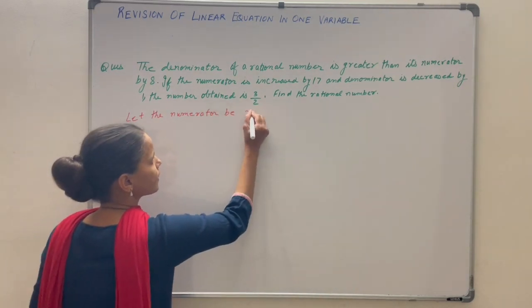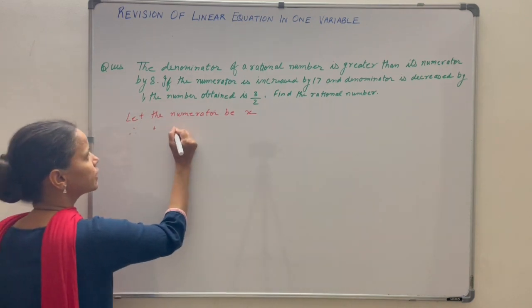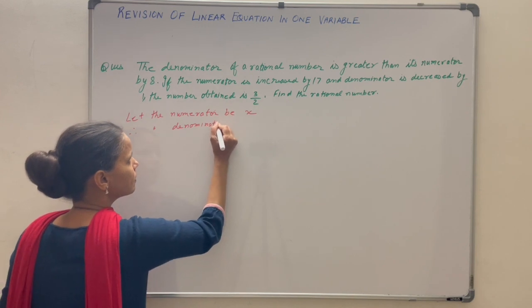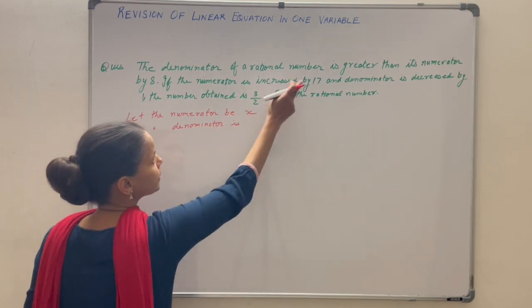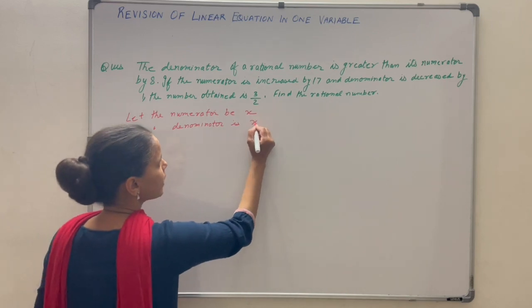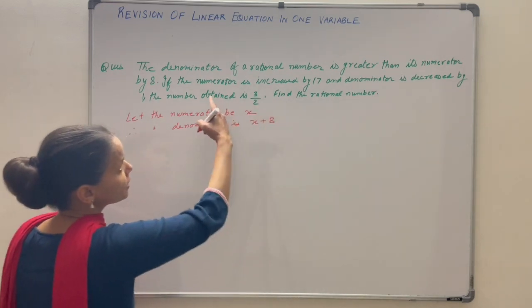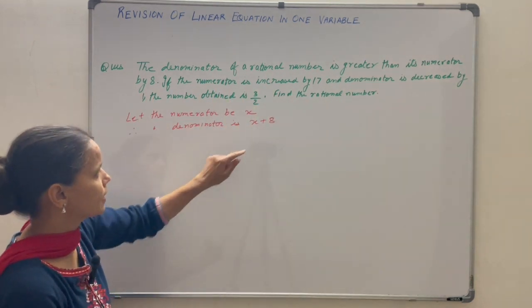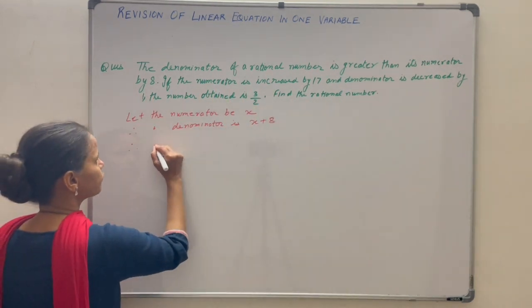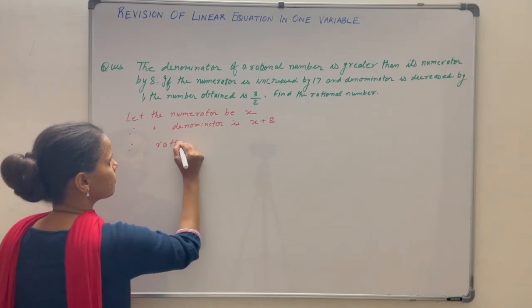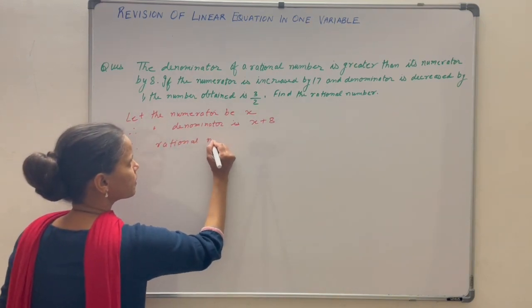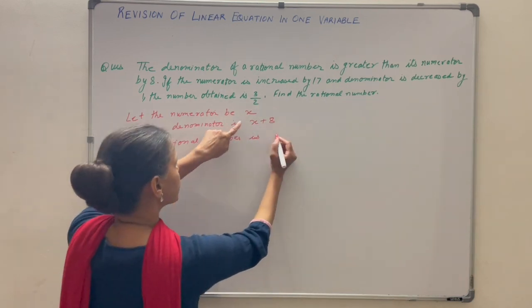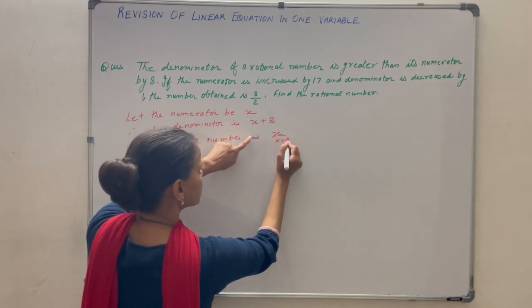Therefore, the denominator is 8 more, so x plus 8. Therefore, the rational number is x upon x plus 8.